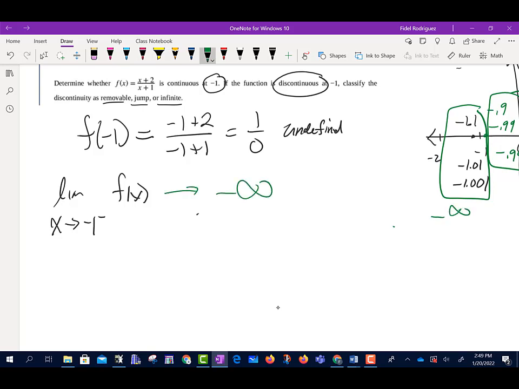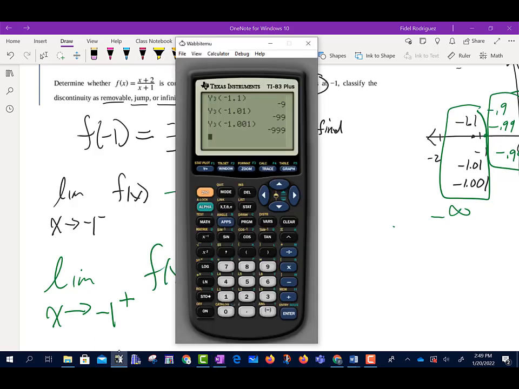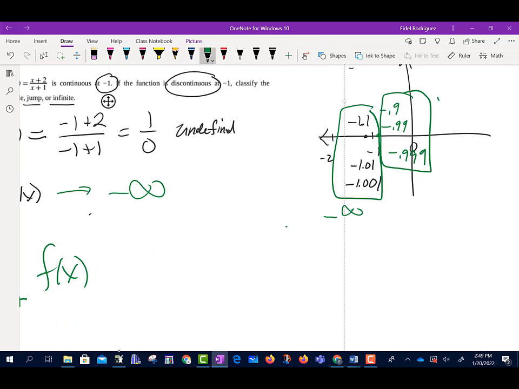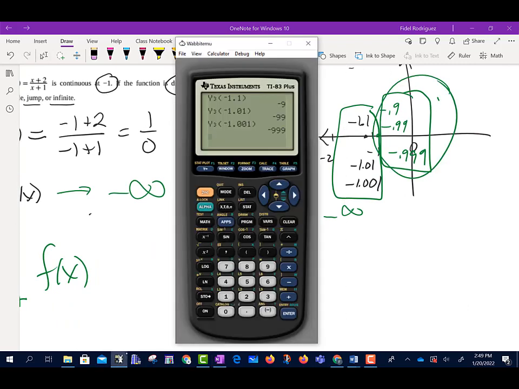We're approaching -infinity. Now let's see what happens as we take the limit as x approaches -1 from the right of f of x, okay? So remember the values I'm going to be using now. I'm going to be looking at these values, okay? So let's come back to our vars.